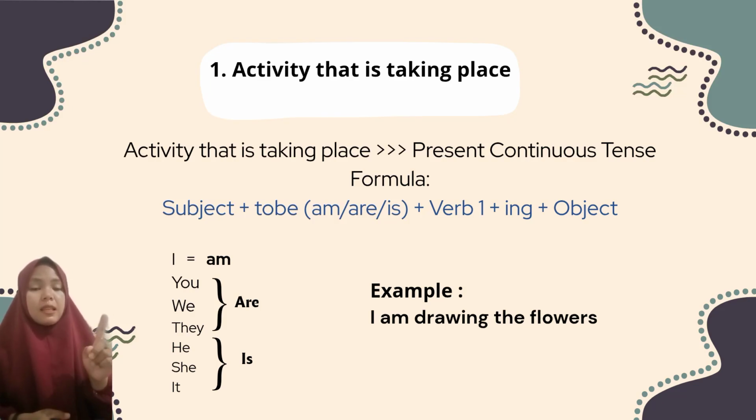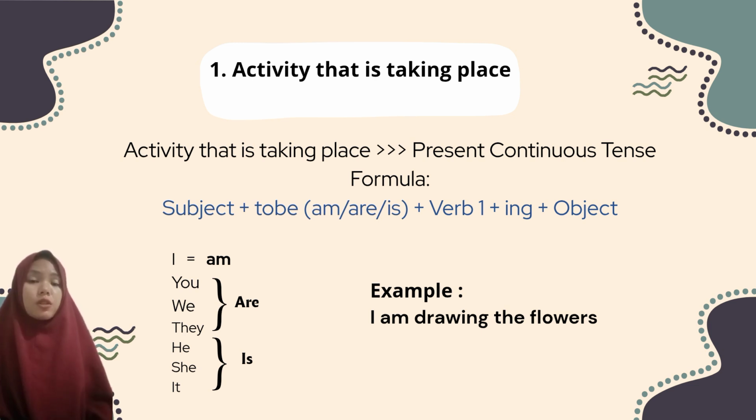First, activity that is taking place. To make this sentence, we use the present continuous tense. The formula for the present continuous tense is subject plus to be, am, is, or are, plus verb 1 plus ing, plus object.